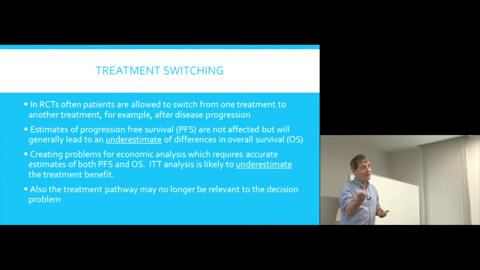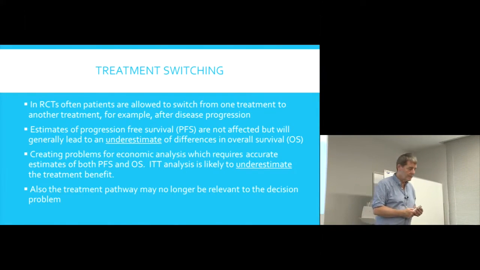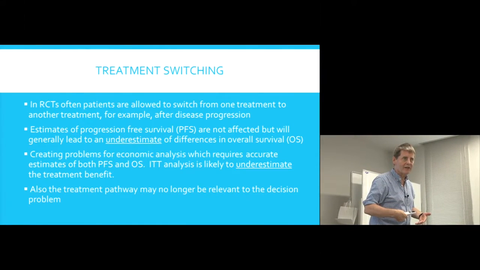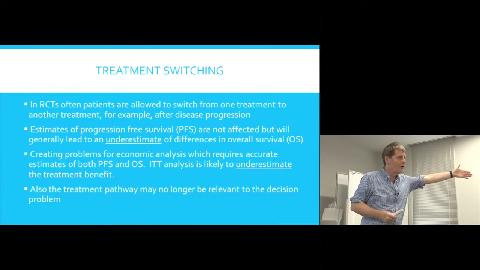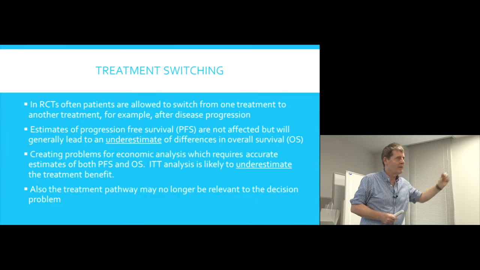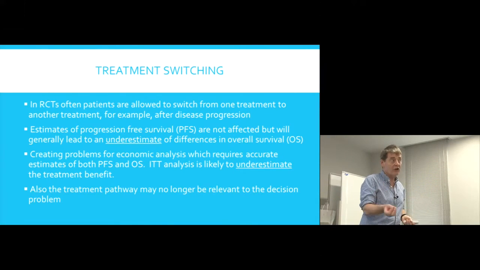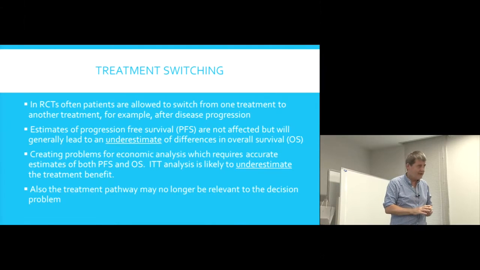Because we've randomized patients at the outset, drug A or drug B. But in the situation where treatment switching occurs, the groups are no longer separate. We've got a group who may just get drug A, a group who just get drug B, another group who get A and then maybe switch to B, potentially even a group who get B and then switch to A. And so we're not getting a clear estimate of the treatment effect.